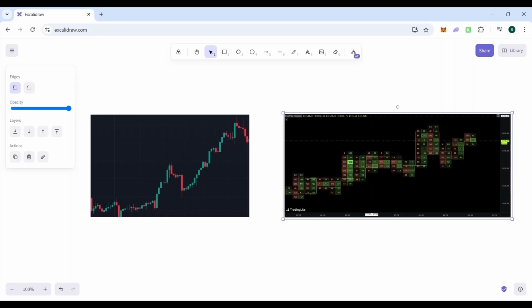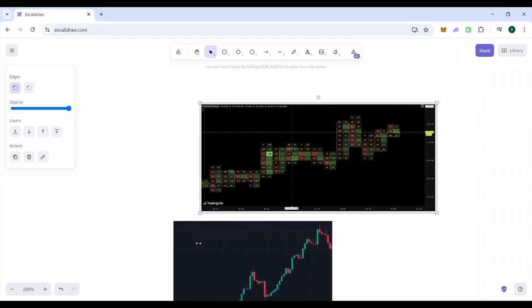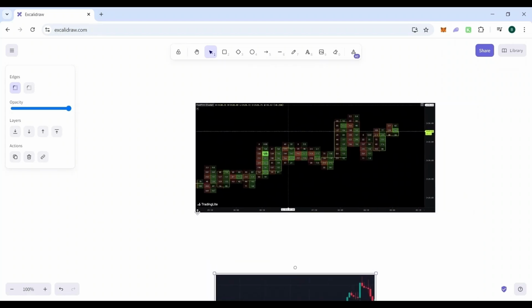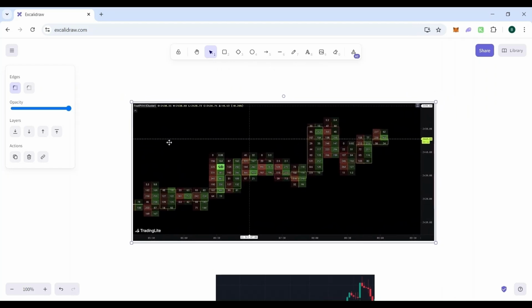So, here is a normal candlestick chart, and on the right is a screenshot of a footprint chart. Let me expand it a little so that you can see what I'm showing you. Yes, that is a footprint chart.